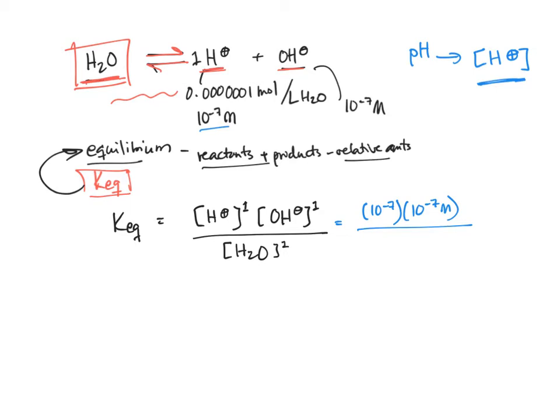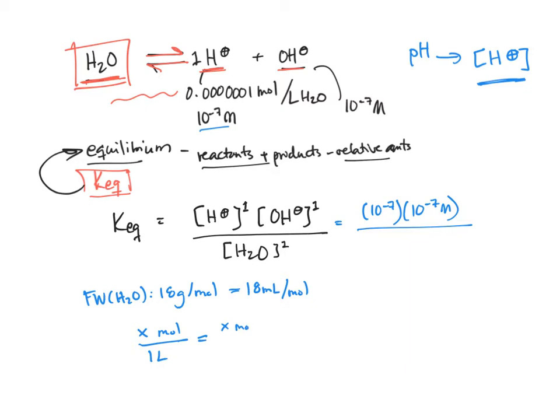So the formula weight of water is 18 grams per mole. And since for water, a gram of water is actually the definition of a milliliter, we can say that's equal to 18 milliliters per mole. To find out the concentration, I want to know how many moles are in 1 liter of the solution, water.